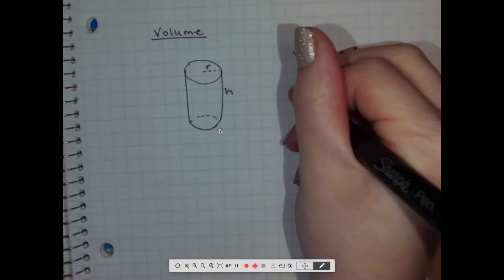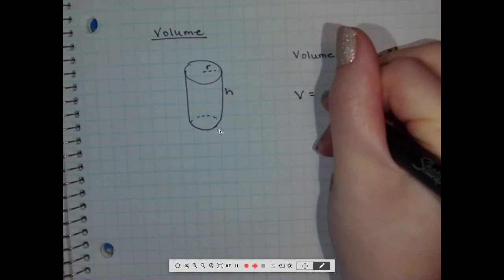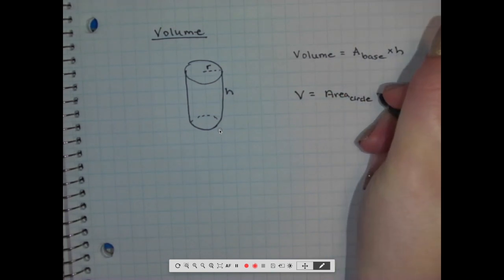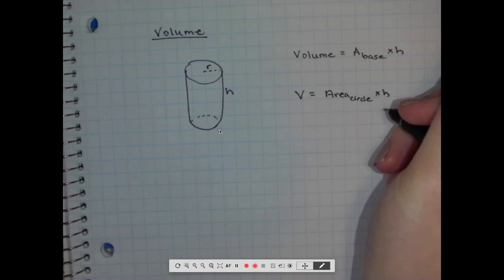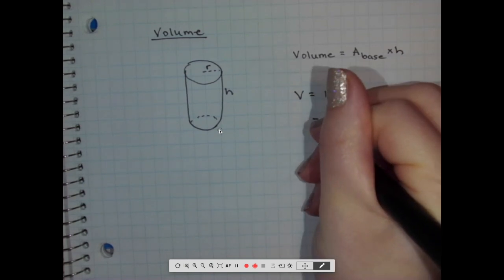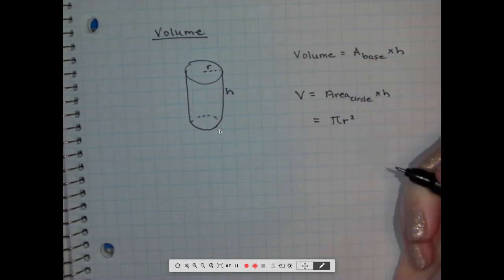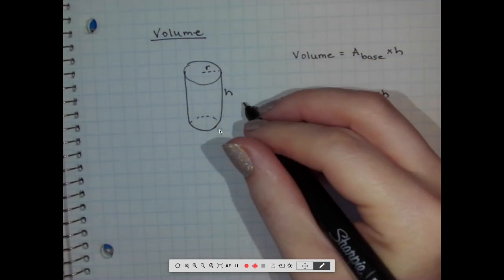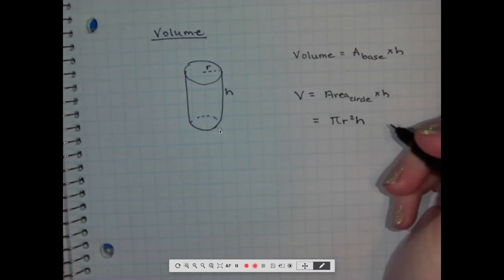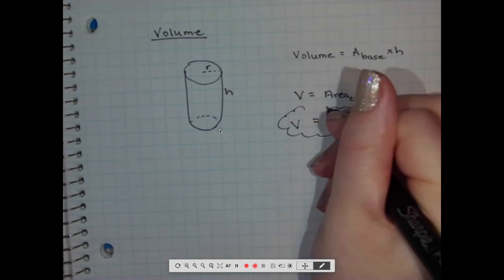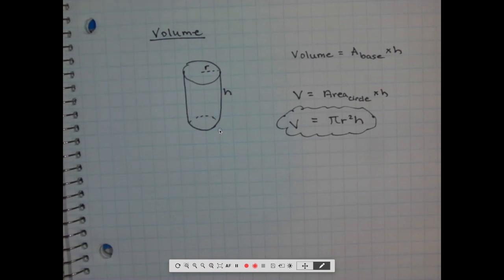So when I look at my volume, it's going to be the area of a circle times height. Well, we just talked earlier, area of a circle is pi r squared, and height in this case is still just going to be height. So this is your beautiful golden formula for volume. Love it, cherish it, make it your best friend.